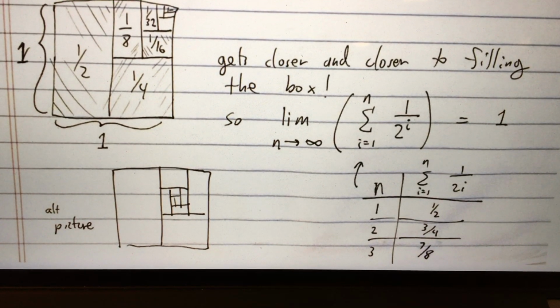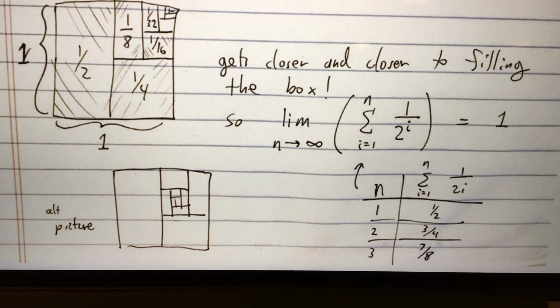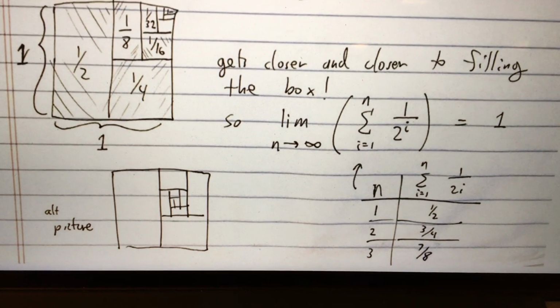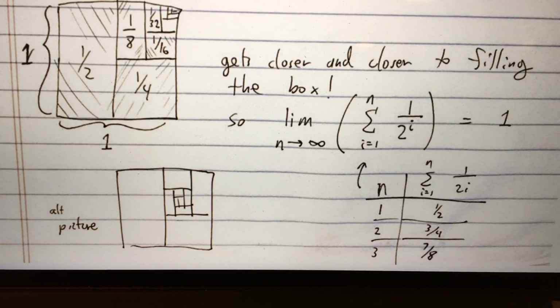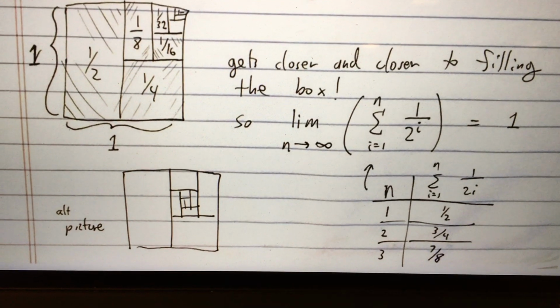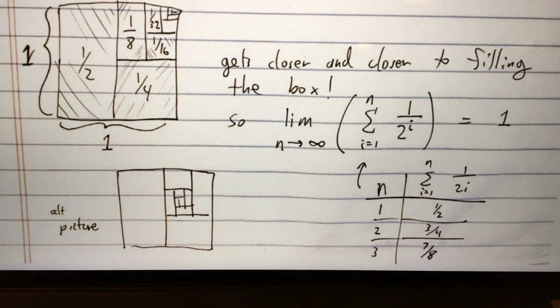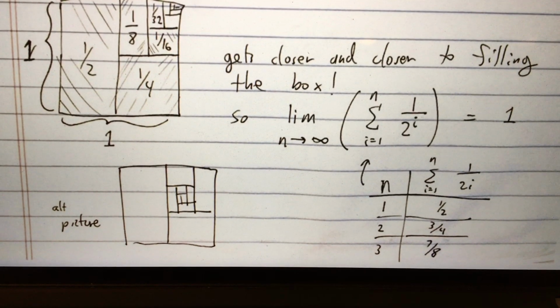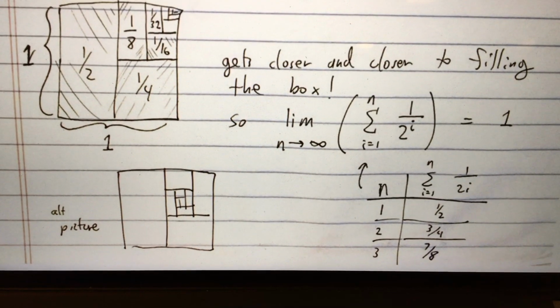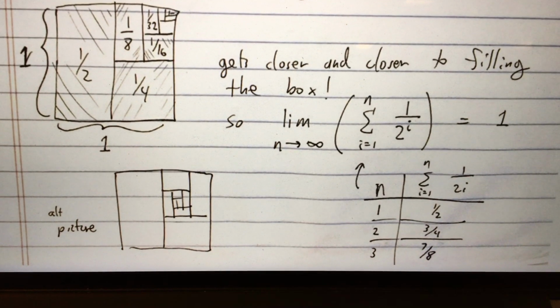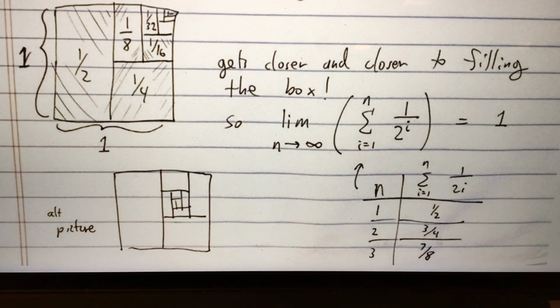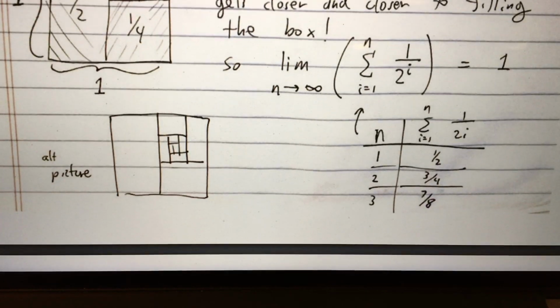At 1 I get a half, at 2 3/4, at 3 7/8. So basically, if all the terms in a series are smaller and smaller sections of a geometrical shape, and each of them fit into whatever's left, then you can get that the limit goes to a constant real number.